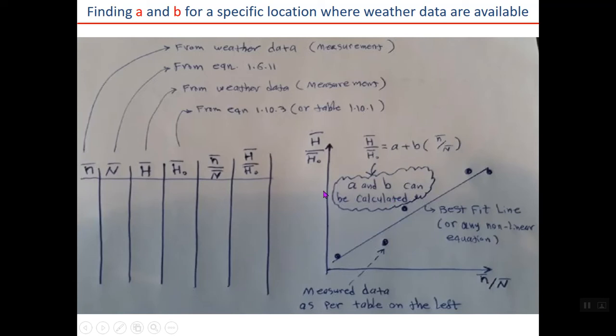This is also possible even with a simple scientific calculator. By the regression mode of the calculator, you can find A and B. You may use Excel or any other software. So, if A and B are to be calculated for any specific location, you should do it the way I showed you here.